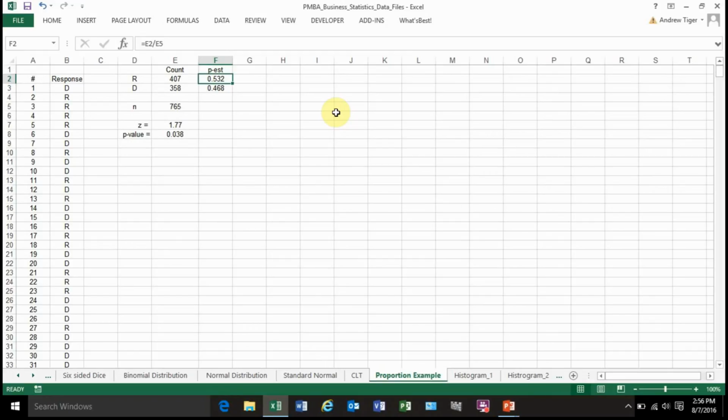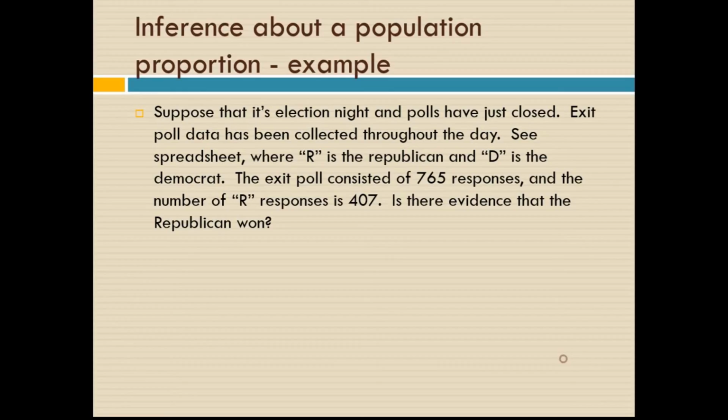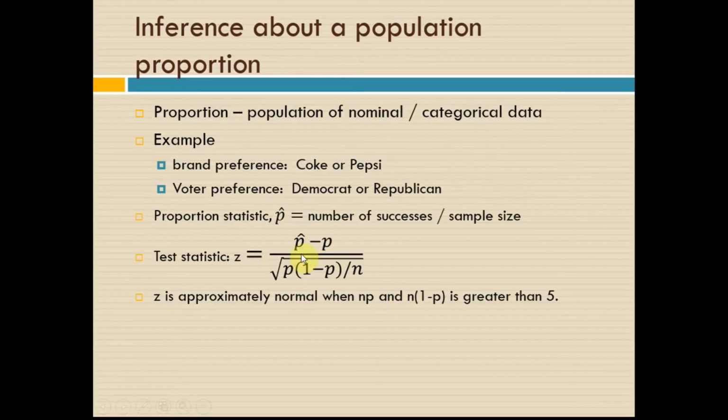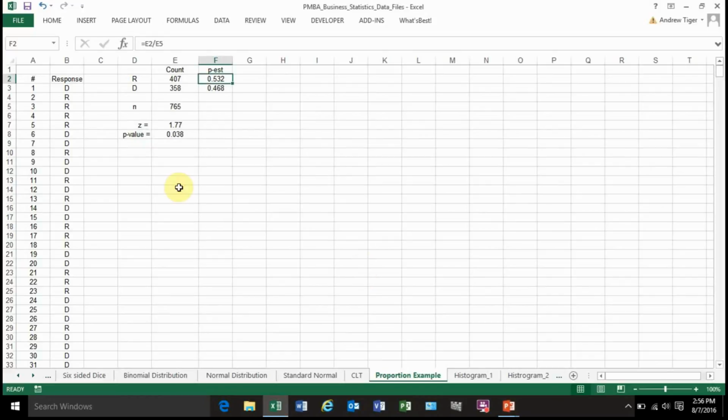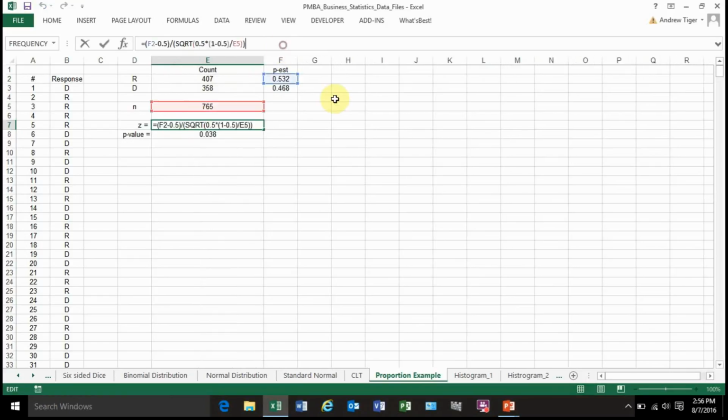Now that can be converted into a Z statistic, and if you remember, the Z statistic is right here. So let's go over and look at how we calculated it. 0.532 minus 0.5, that's my numerator.